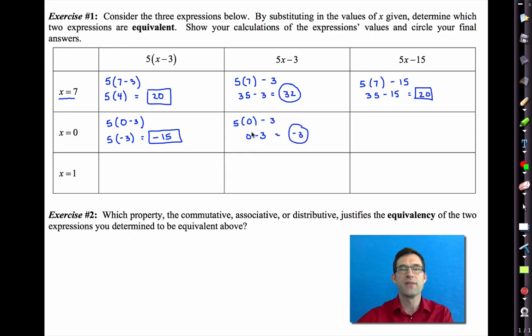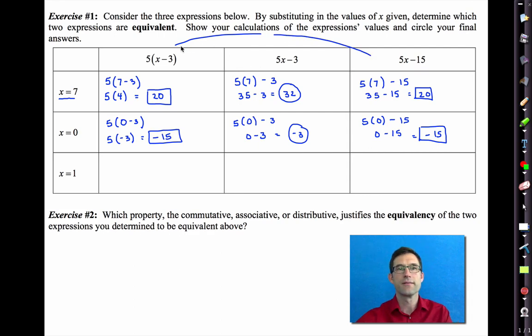Again, evidence that these two expressions are not equivalent. But let's see if it keeps working out that the first and the third are. Here I'm going to do 5 times 0, then I'm going to subtract 15. That's going to be 0 minus 15, and that's going to be negative 15. It is the same. More evidence that these two are equivalent.